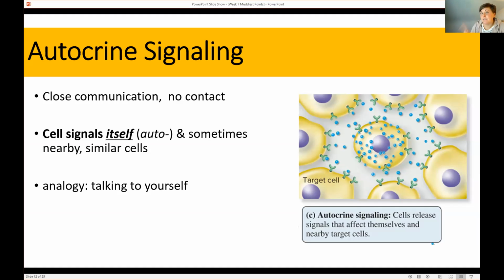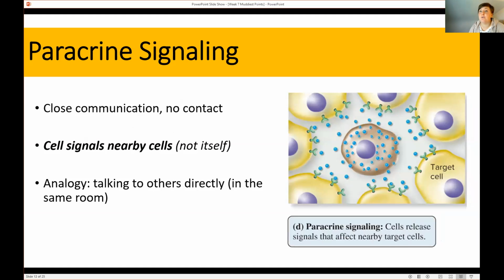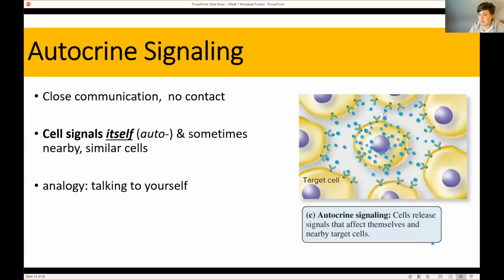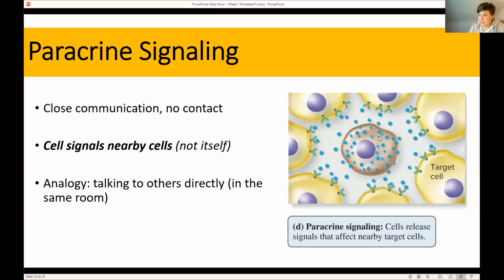I mention this because if we compare this to paracrine signaling, this is when a cell is producing a message to nearby cells, so very similar to autocrine signaling, but notably, this cell is not hearing that message. So it's nearby cells, but the cell is not talking to itself.